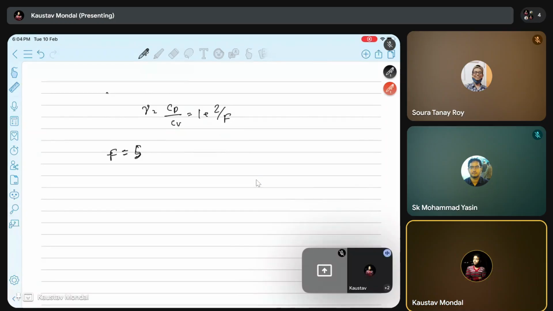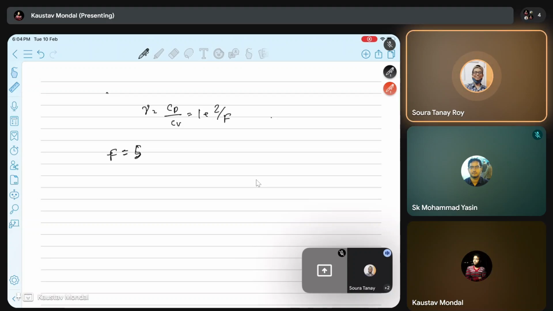And for triatomic gas, I think it will also be 5 because it's linear, so it behaves like diatomic.